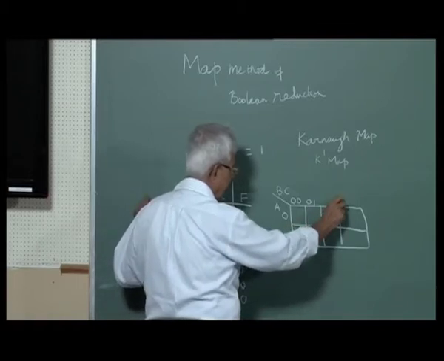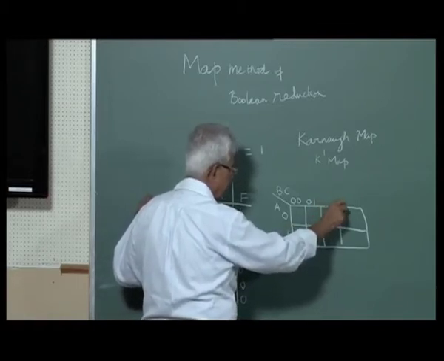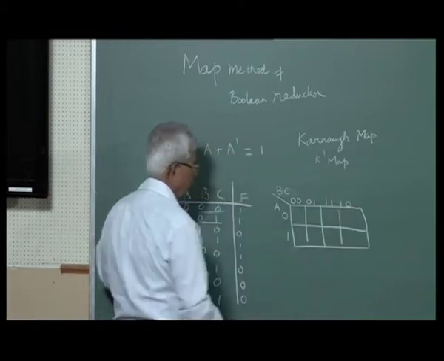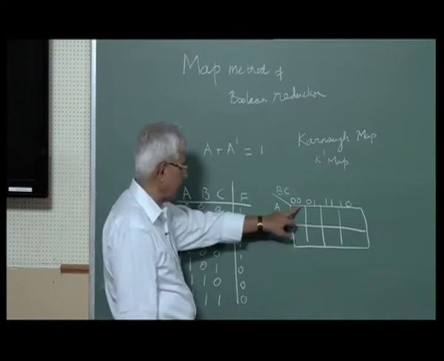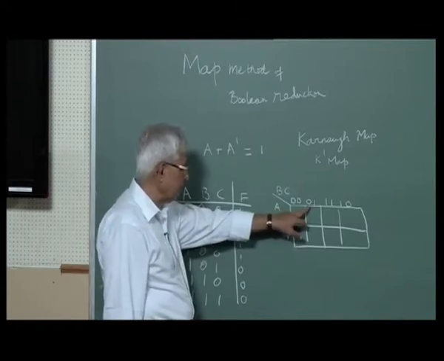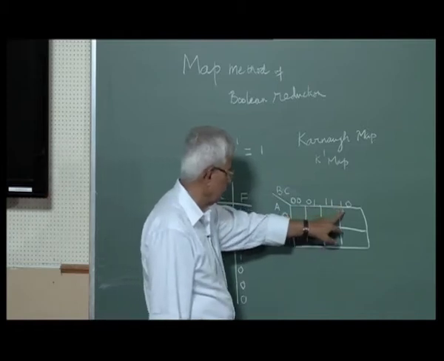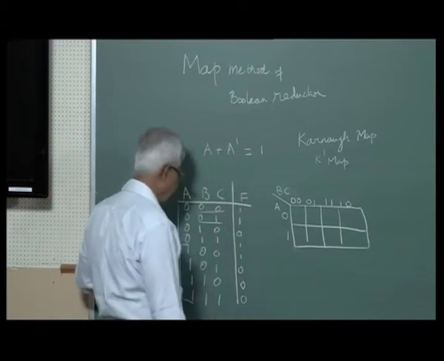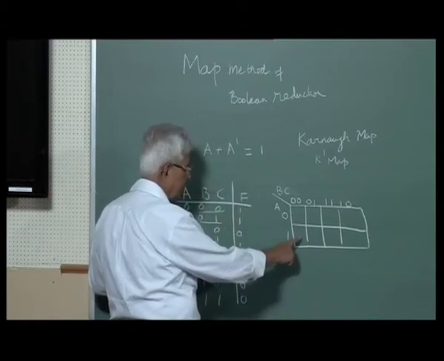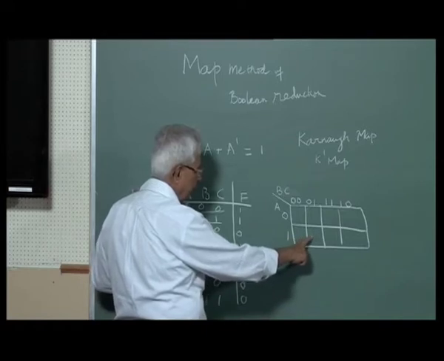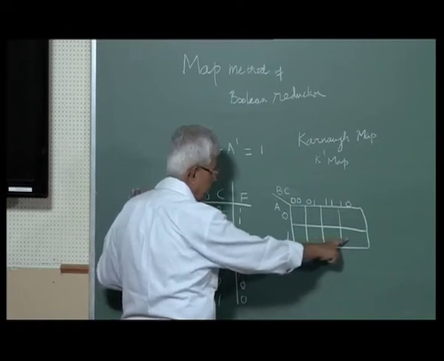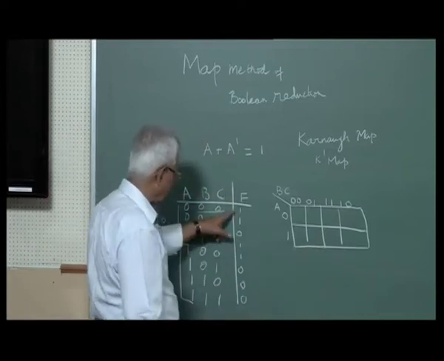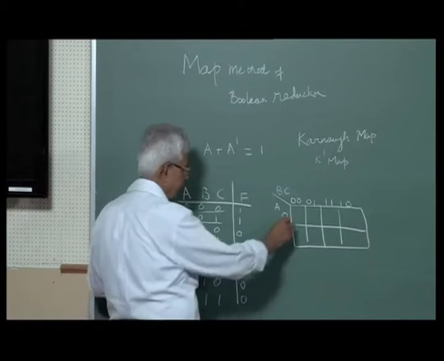I will write here B C bar, not here, and then B C. So this is A bar B bar C bar, A bar B bar C, A bar B C bar, A bar B C. Likewise with A, this is A B bar C bar, A B bar C, A B C bar, A B C. So these 8 rows, whenever there is a 1 on the output, you put a 1 here.